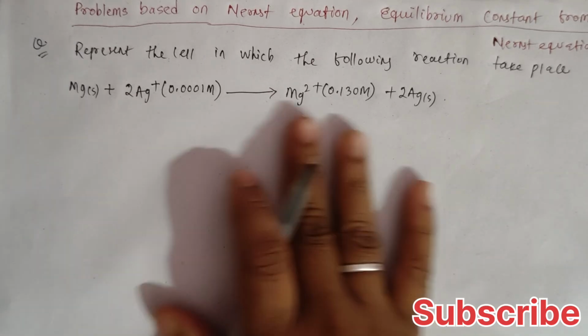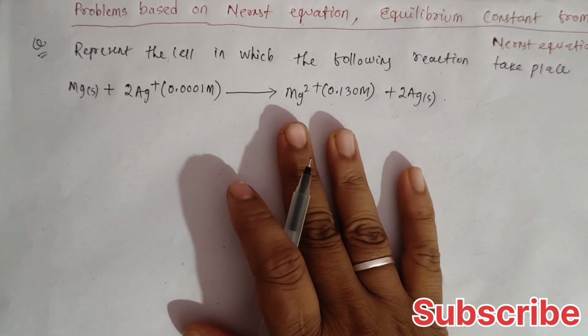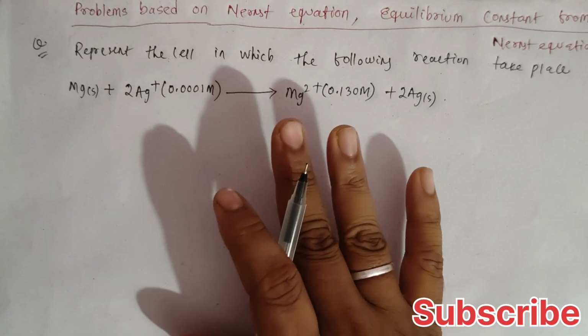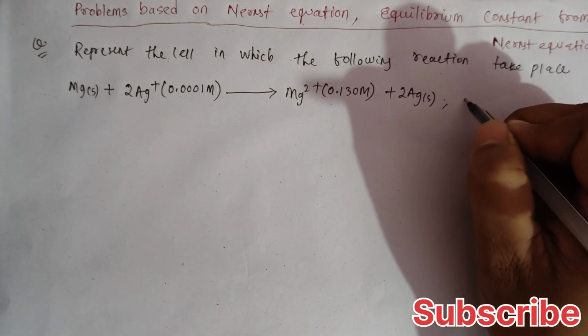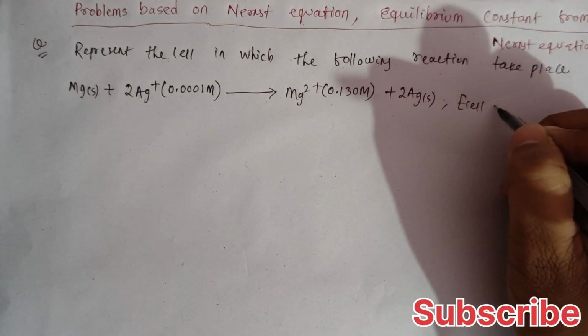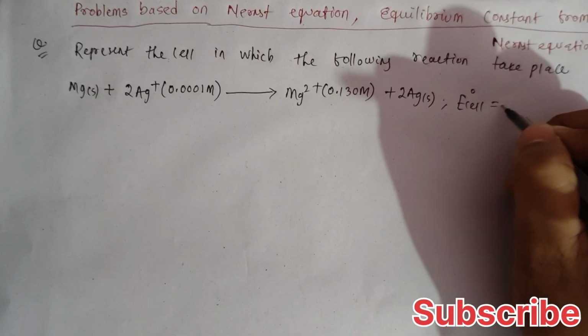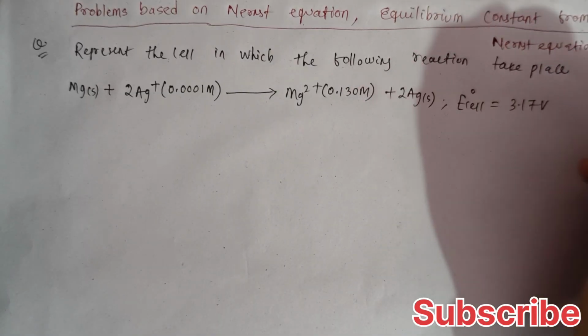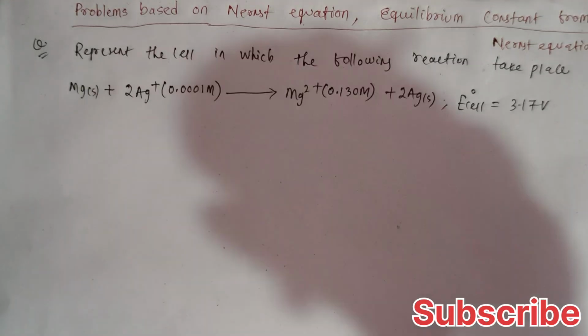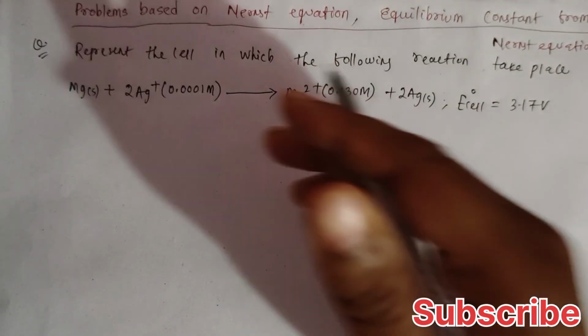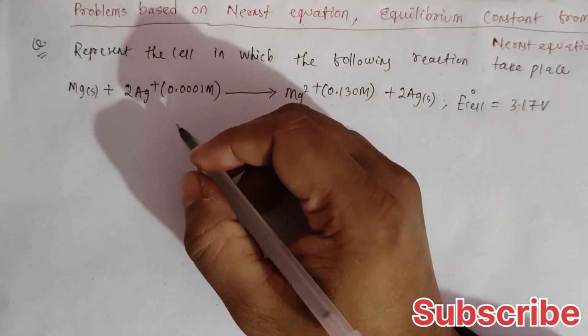So from this given equation we have to calculate using the Nernst equation. Also it is given that E naught cell is equal to 3.17 volt. Clear? 3.17 volt.